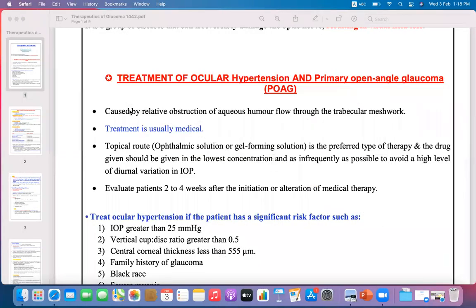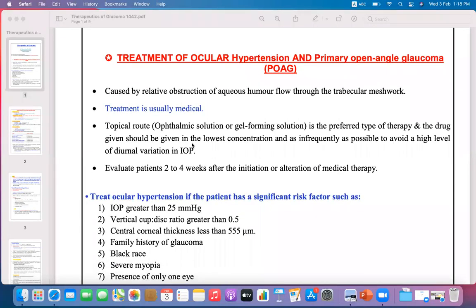So that's why obstruction of aqueous humor flow through the trabecular meshwork is a reason for glaucoma, and treatment is usually medical.